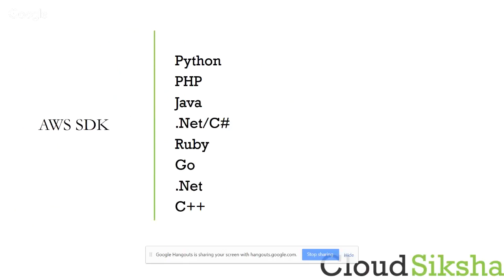You use the SDK most of the time. The SDK is available in Python. You have it in PHP. You have it in Java. You have it as .NET, C#, Ruby, Go. I put .NET twice, sorry, that actually has to be Node.js. You have it in C++, and so on.